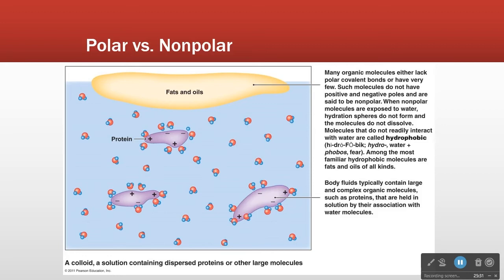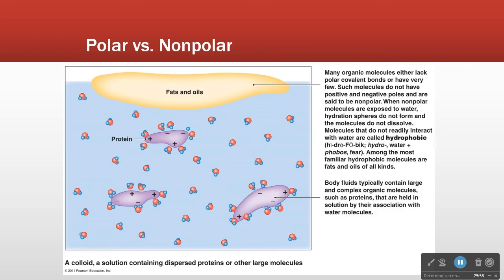All right, also present in this picture are proteins. Proteins are complex molecules that have both positive areas and negative areas. So what we see here is we see hydration spheres or partial hydration spheres with the water molecules, positive end attracted to the negative areas, negative end attracted to the positive areas.